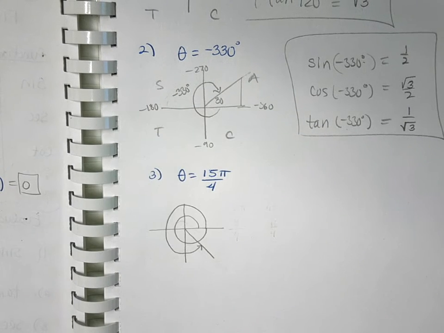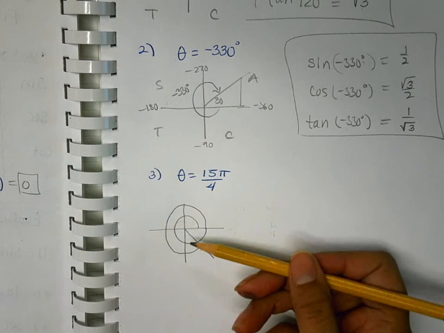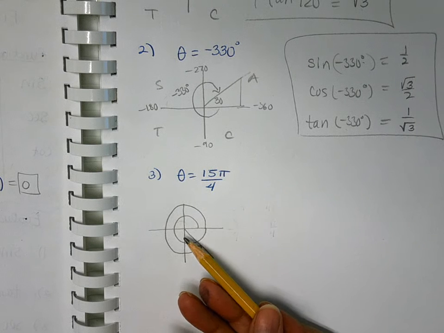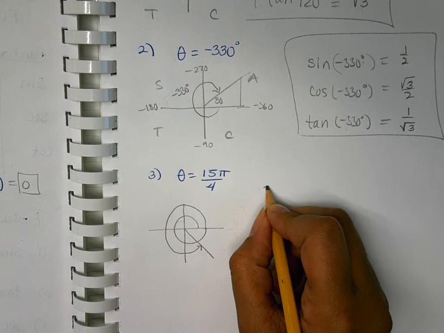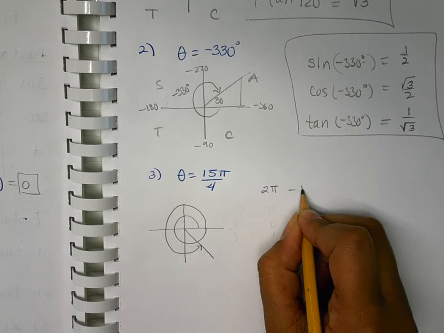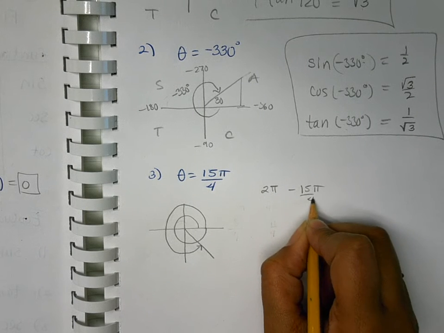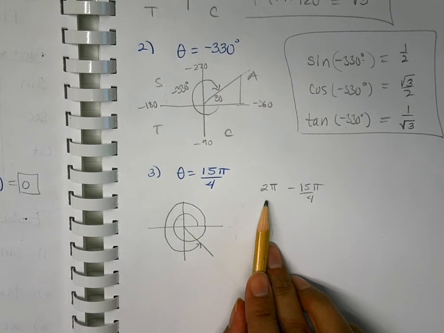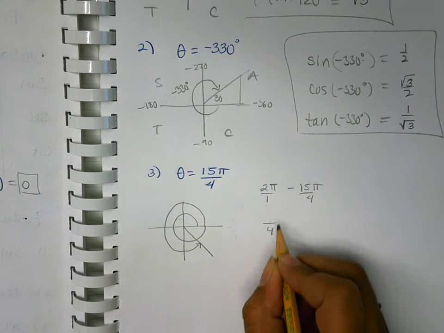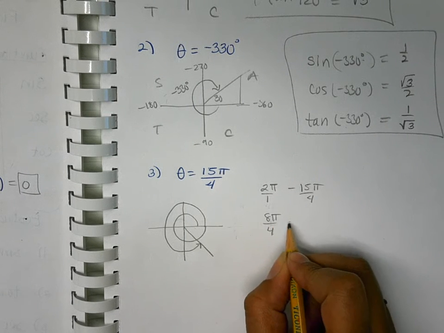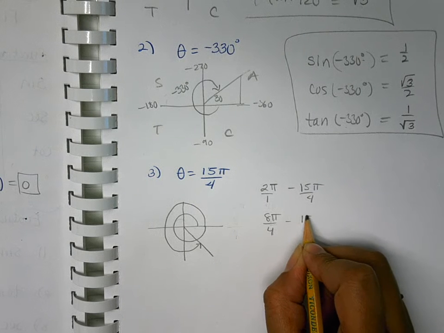Do you remember earlier I was saying 360 minus 30, 360 minus 60? You could do 360, which is 2 pi, take away 15 pi over 4, and find a common denominator. What's my common denominator? 4, so what's 8 pi over 4, take away 15 pi over 4?